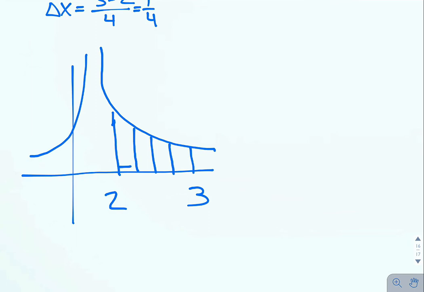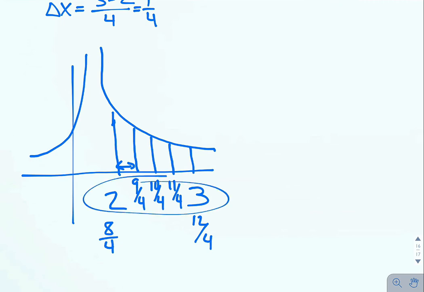And we know delta x is 1/4. So if this is 2, that really equals 8/4. And so this is going to be 9/4 and 10/4, 11/4, and then 3 is 12/4. Okay, so these are going to be our x values right here.